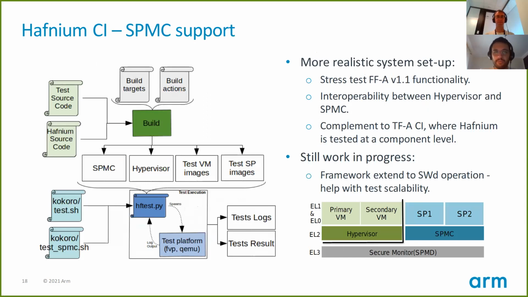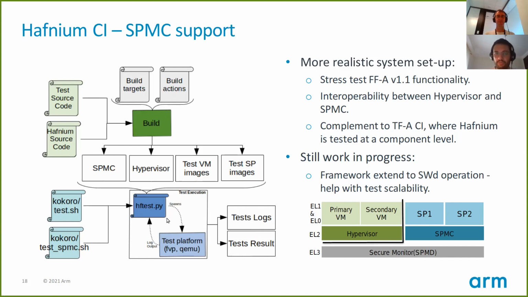In our update, we pretty much extended the current framework. We're using as much as possible what was already implemented, and in order to provide the SPMC support, we extended the testing setup to a more complete setup, including SPs and the SPMC. So we've added build artifacts to generate test SP images, and we added a specific shell script to specify the SPMC tests. Everything else just works the same.